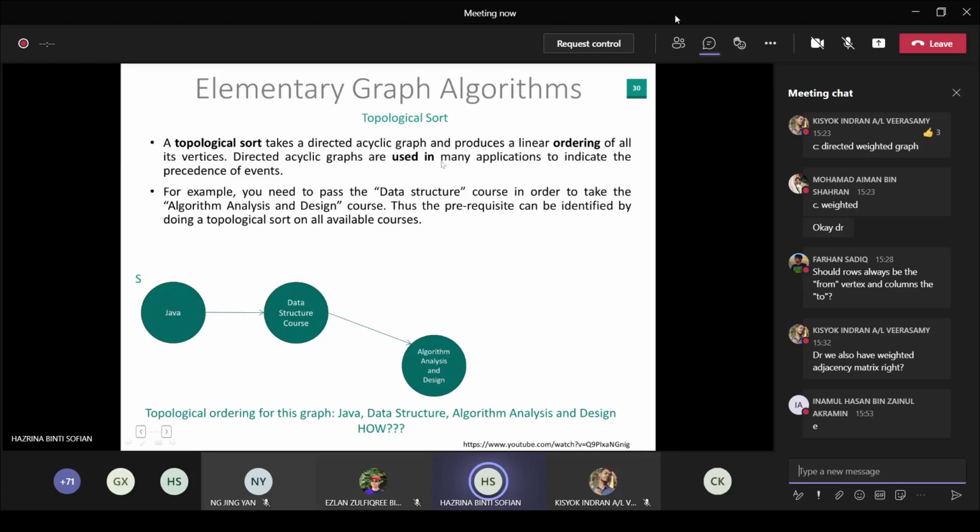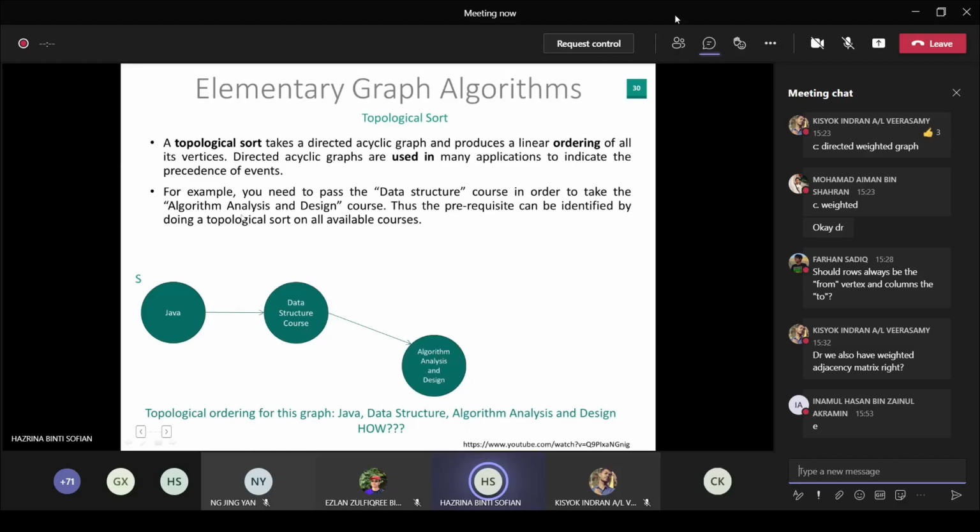Okay, acyclic means it cannot return to itself, and the goal is to produce a linear ordering. Let's say you have a graph and you need to identify the ordering, where to go, but there's some constraint. For instance here, the arrow is the constraint.